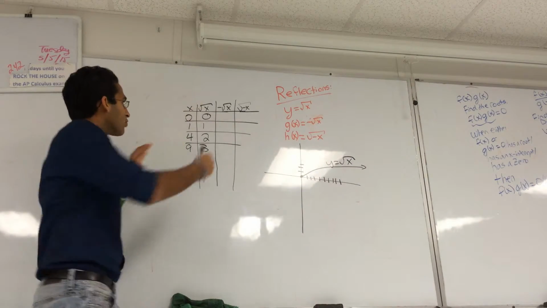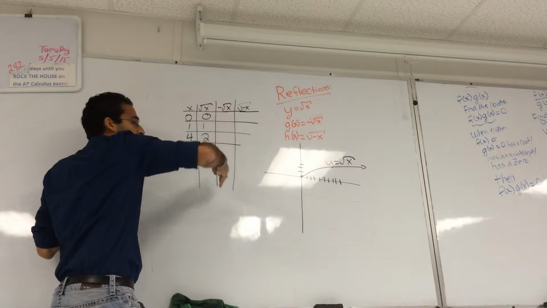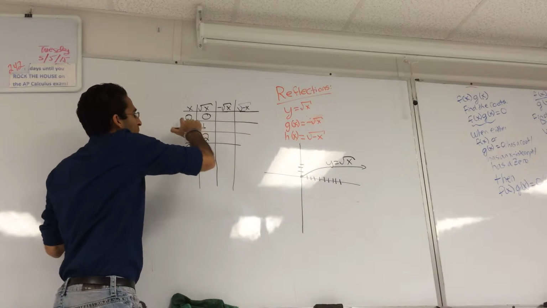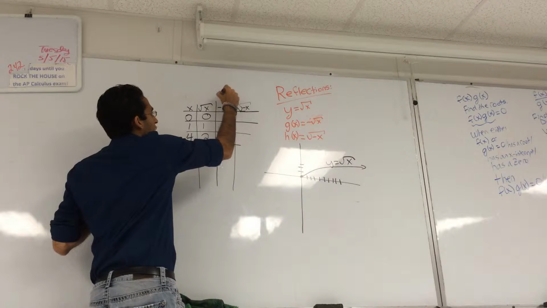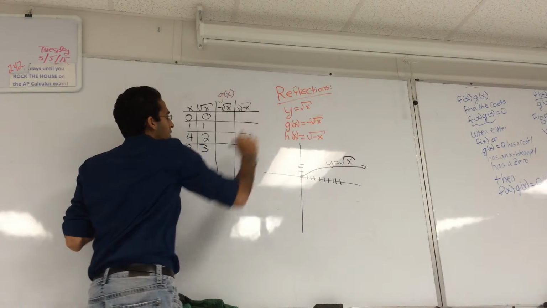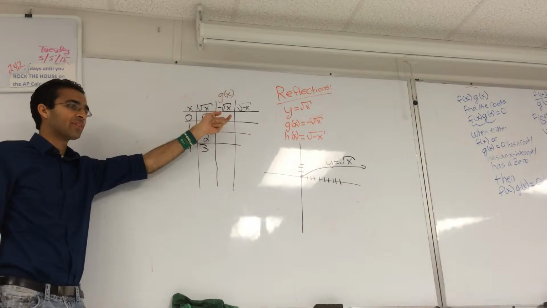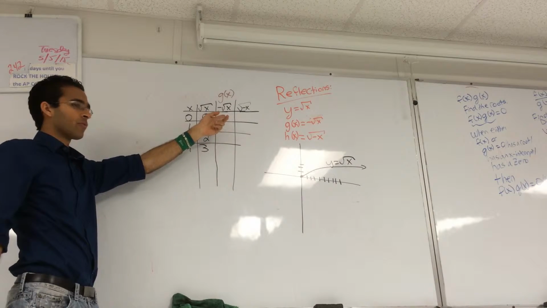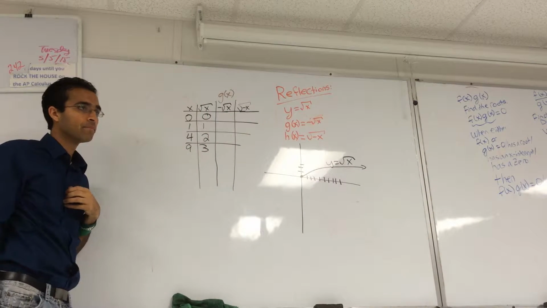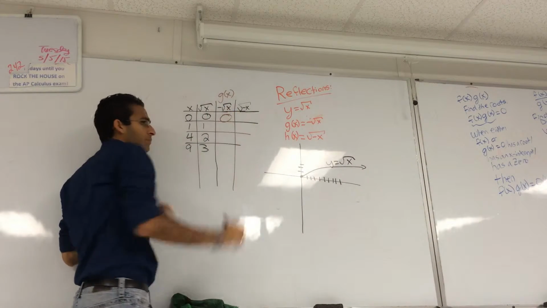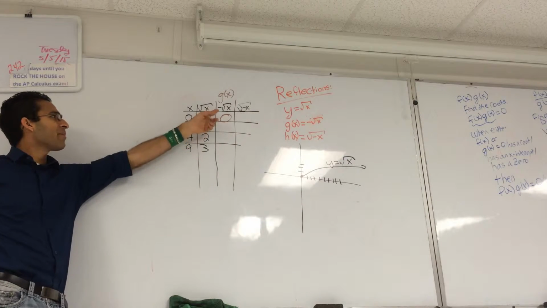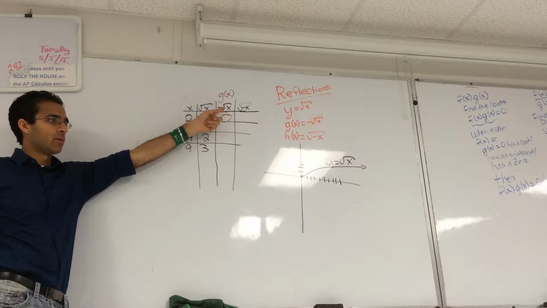Let's imagine now I'm moving to column 3. If I plug in 0 here, remember this is g of x, Victor Mendez, what am I going to get out for y? 0. Nathan, if I plug in 1 here, what am I going to get?